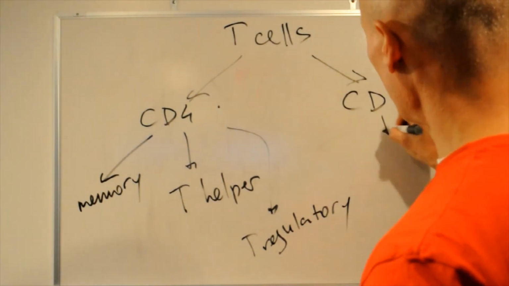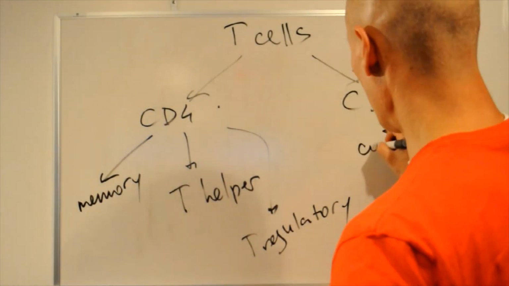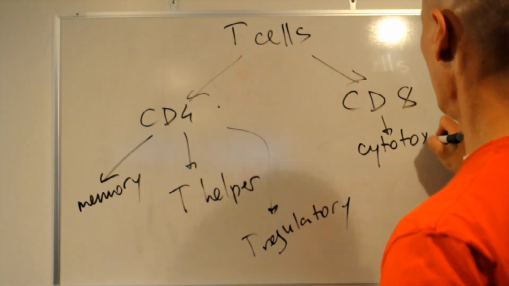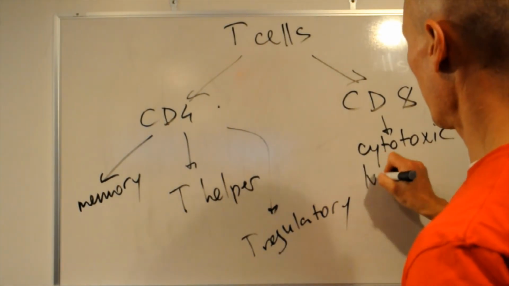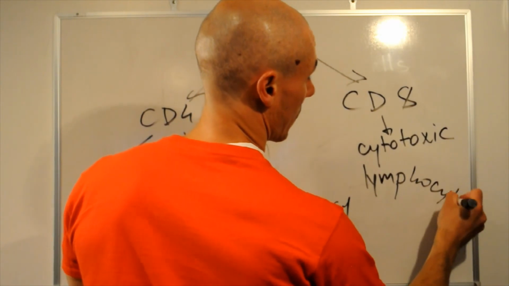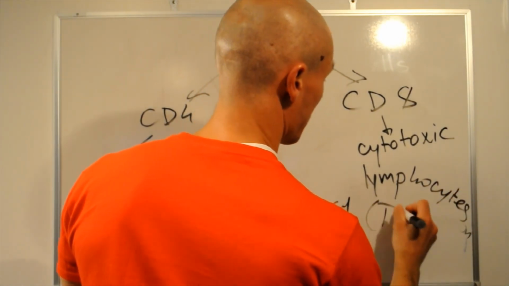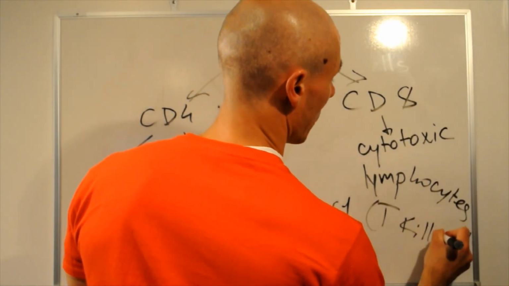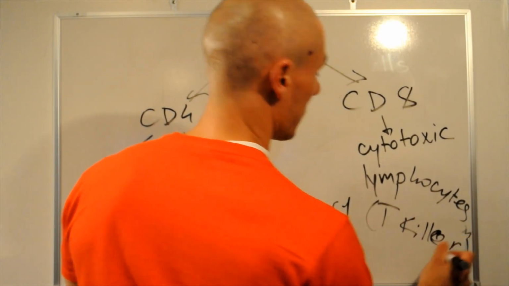CD8 cells become cytotoxic lymphocytes, also known as T killer cells.